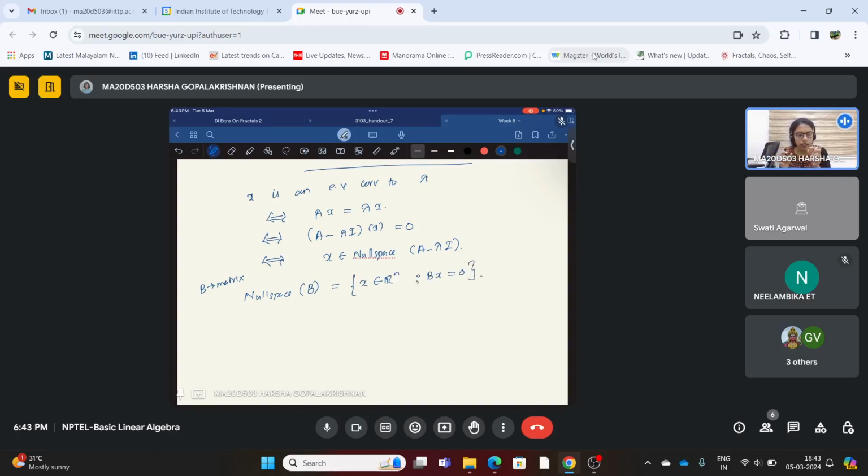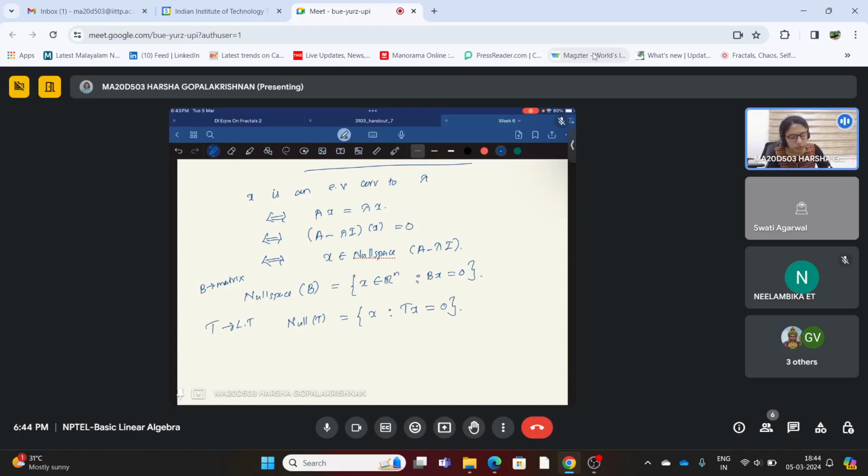Like what are all the elements x such that B is mapped to 0. If T is a linear transformation, how will we write the null space of T? The set of all x such that T is mapping to 0, Tx equal to 0, correct?